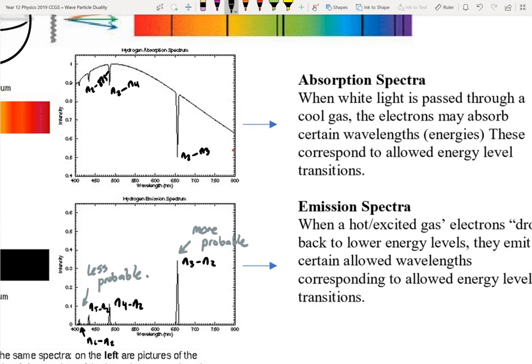Not only that, you can see that it is more likely that an electron would exist at lower states, because there were more electrons at 2 that got pushed up to 3. There were less electrons at 2 that got pushed up to 4. Less electrons at 2 that were pushed up to 5. So it tells you some information about the probability of what event is going to occur.